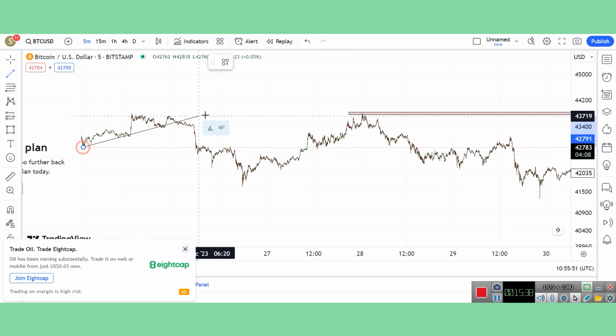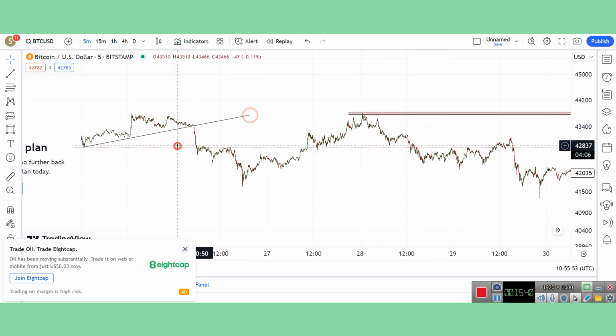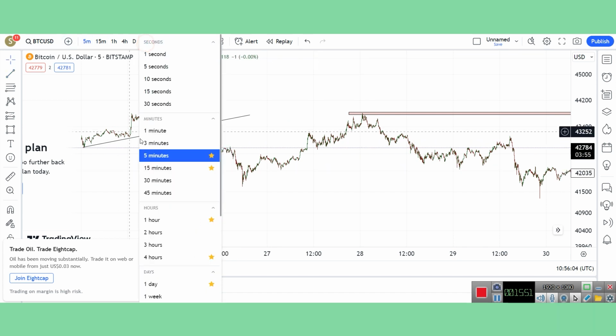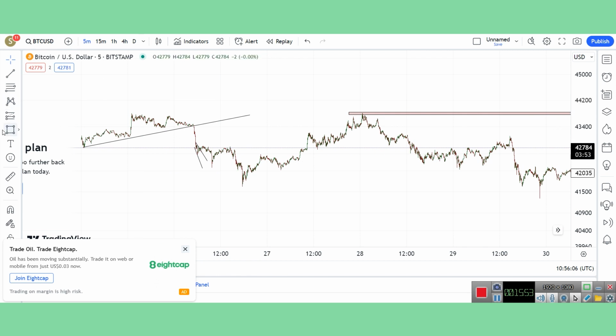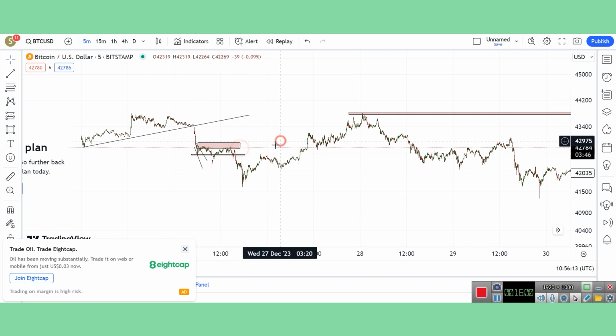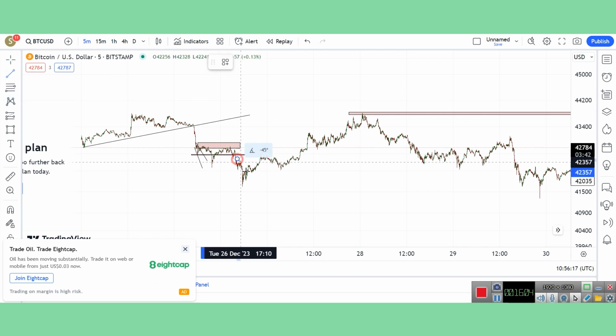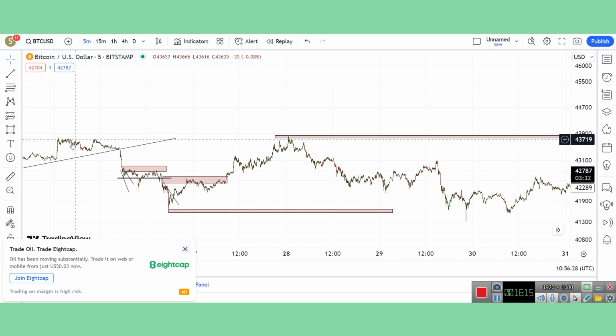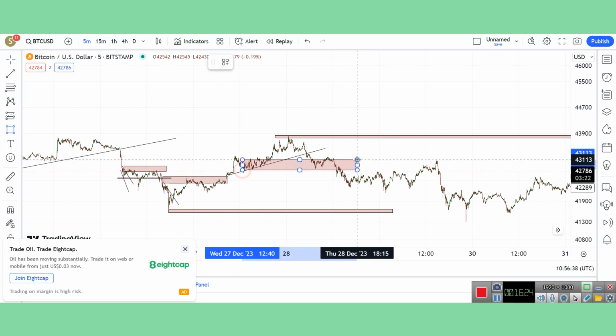Here a breakout of this trend line, which has been expanded, breakout, and here is a very small micro channel, which if you go to a lower time frame, like the 1 minute time frame, you will see better, and trading range. Again, spike, breakout, channel and trading range. A spike, breakout, channel and trading range.